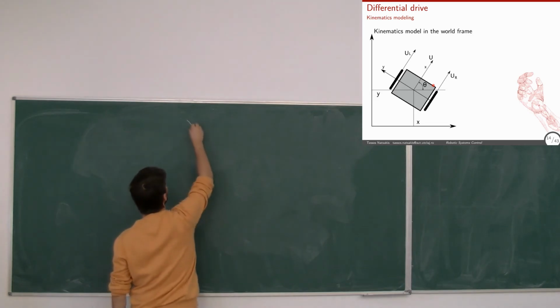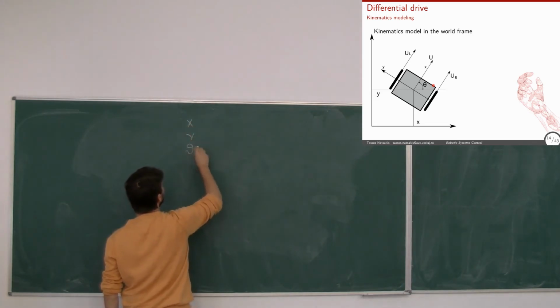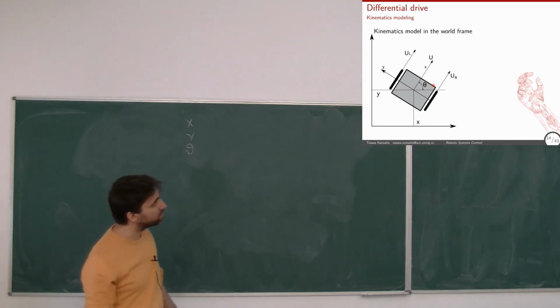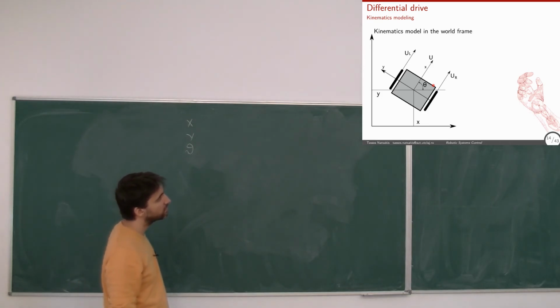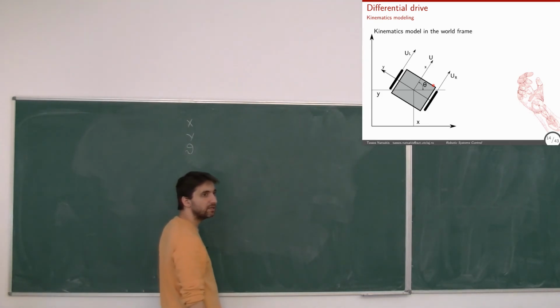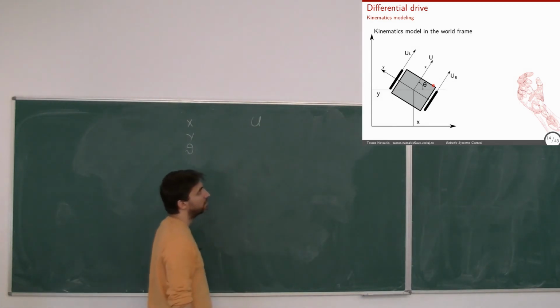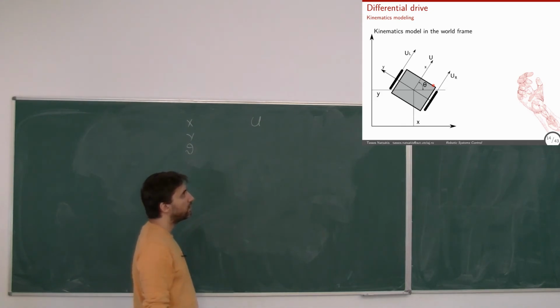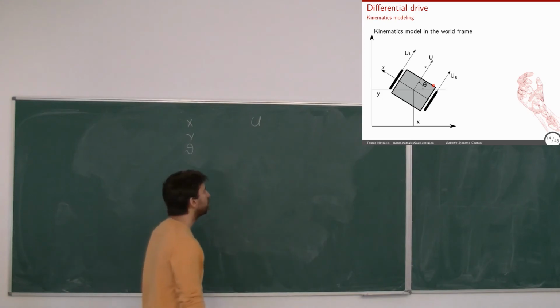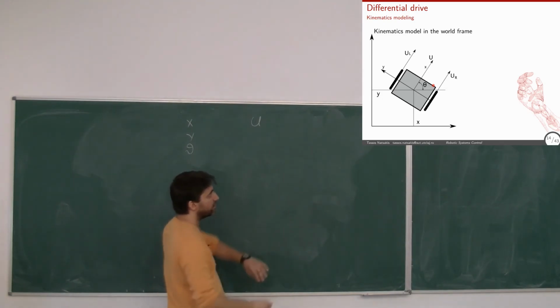Theta, x, y, okay. And what do we know? Let's say u. Because UL and UR we kind of control. And we also know how fast the robot is rotating.